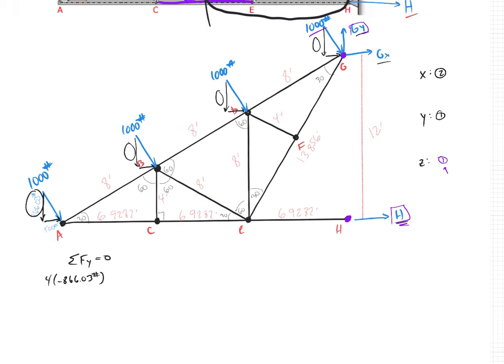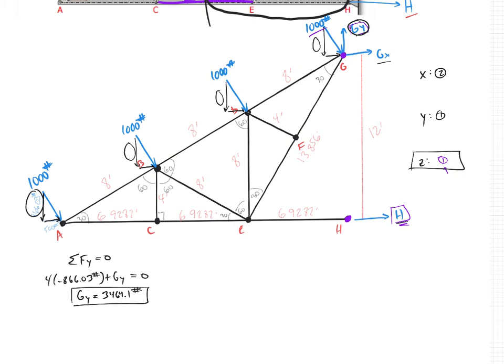Then I've got this gy going up, plus gy. I think that's everything. So that's a really nice equation, and we can solve that and we get gy is 3461.64 pounds. Okay, sweet.